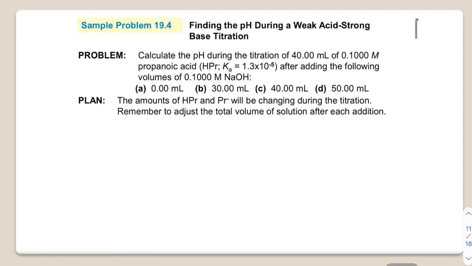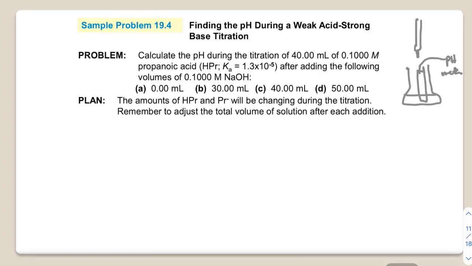We have a pipette, and then we have a conical flask, and we have a solution, and also the pH meter.